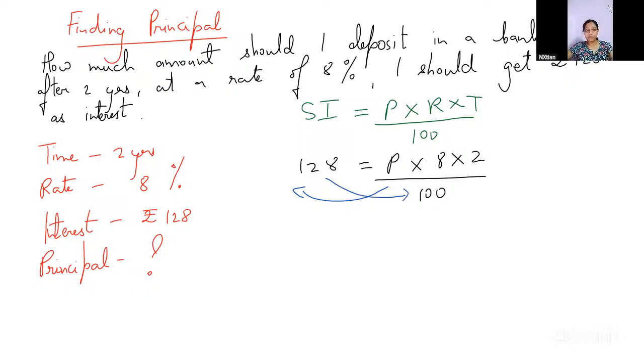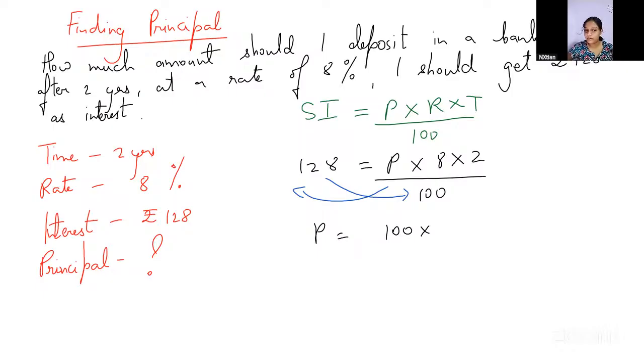When it comes here, reciprocal will happen because we change its operation also. Multiplication becomes division, plus becomes minus.